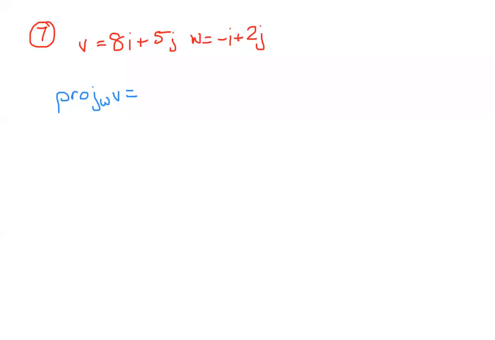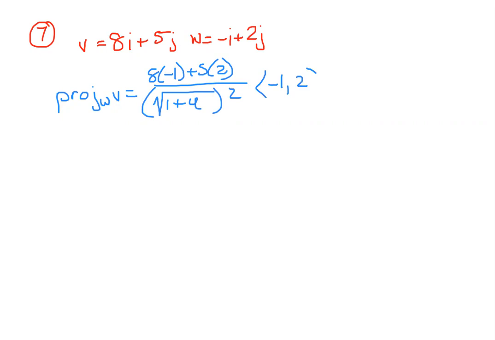And that's going to be 8 times -1 plus 5 times 2 over the square root of 1 plus 4, squared, times -1, 2, W right there. And that becomes 2/5 times W, which is -2/5, 4/5.